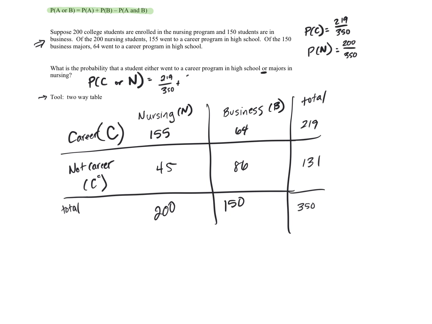You guys, if I add those together right now, I get 419 out of 350. Is that a possible probability?